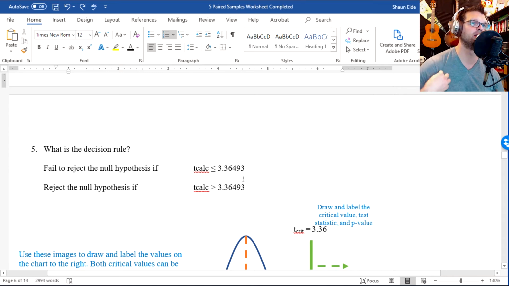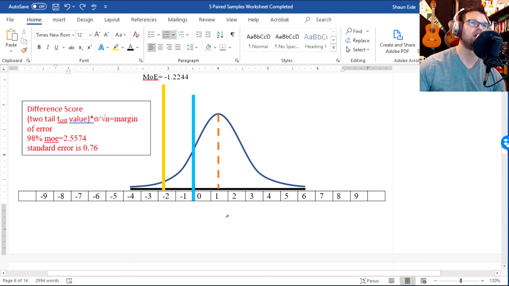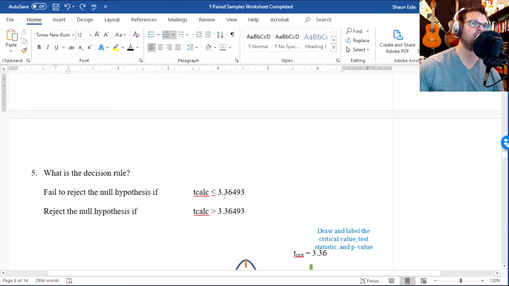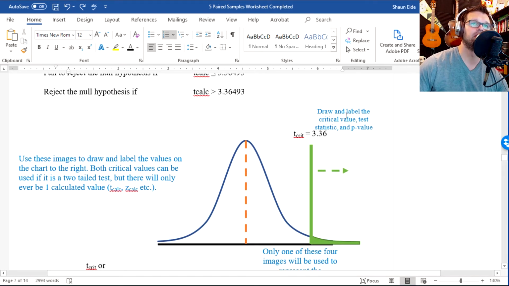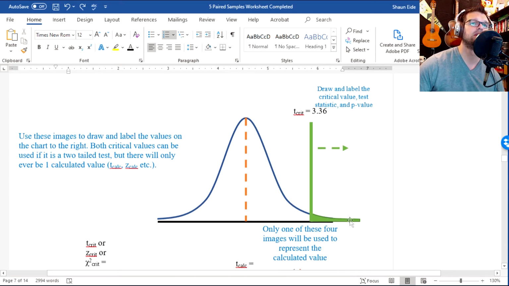We are going to reject the null hypothesis if the t-calculated value is above 3.36493. And so I went ahead and took the liberty of putting t-crit right there. So t-crit is 3.36, and so if the calculated value is above that t-crit value, we are going to reject the null hypothesis.